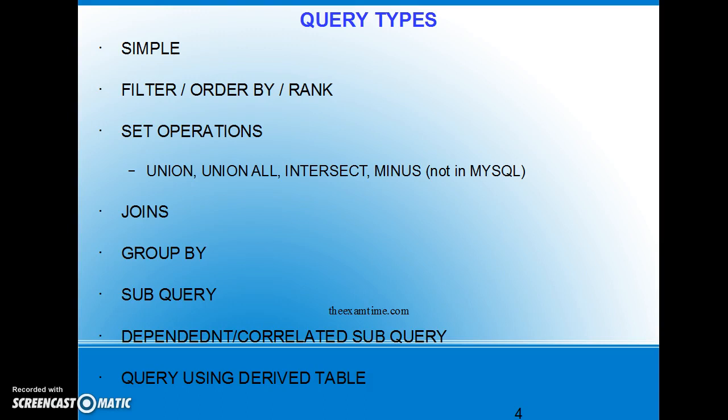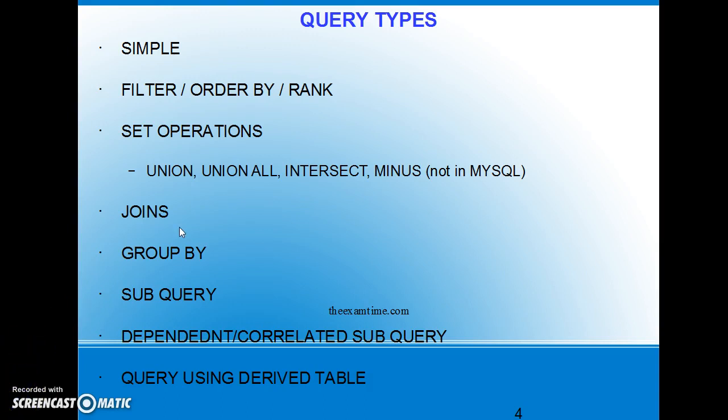For example, select the employees who work in location Hyderabad, and next option will be order by their date of joining, or order by rank of their salaries. Important thing to remember is if you are doing order by, it might do a file sort, so the performance can be impacted using order by or rank.